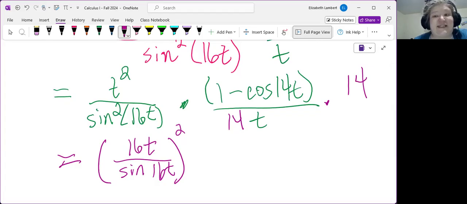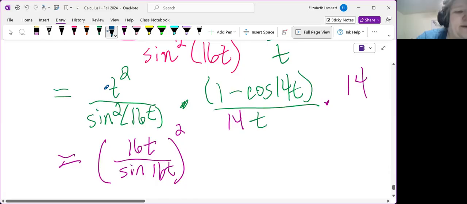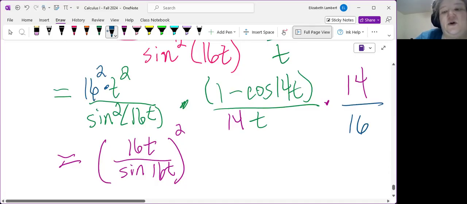So I don't just need a 16 on top, I actually need a 16 squared on top. So that means over here, we're going to end up having to divide by a 16 squared.